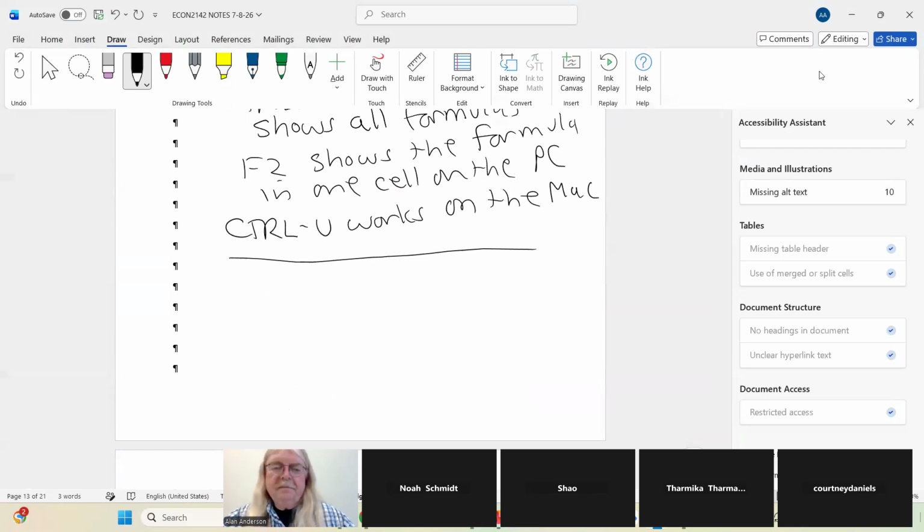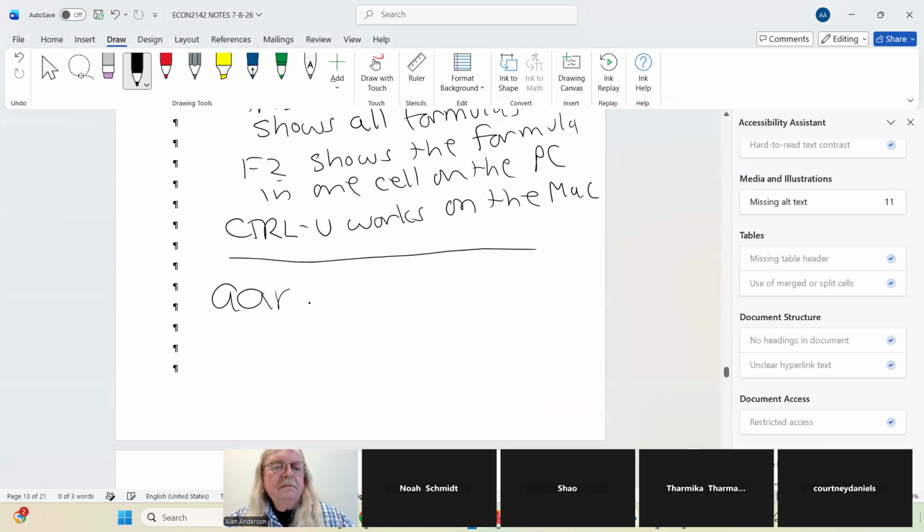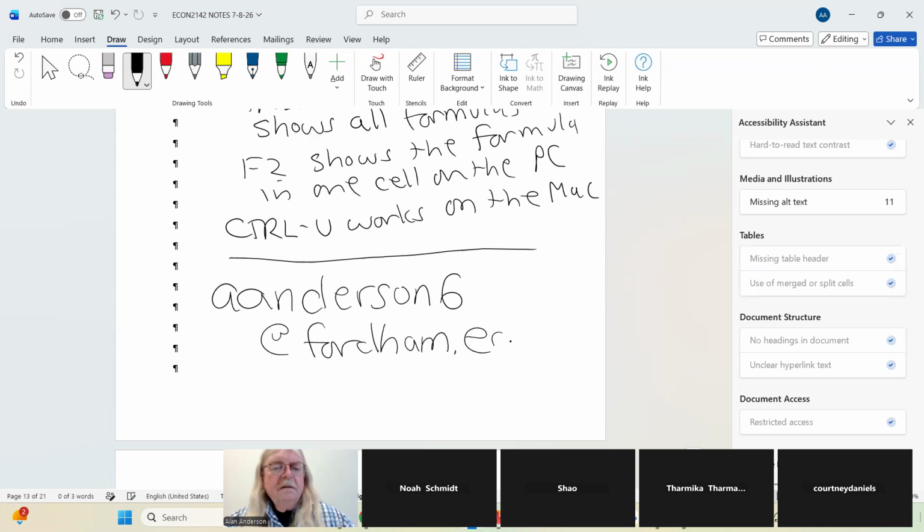So here it is. Anderson6 at fordham.edu. So don't forget that 6.